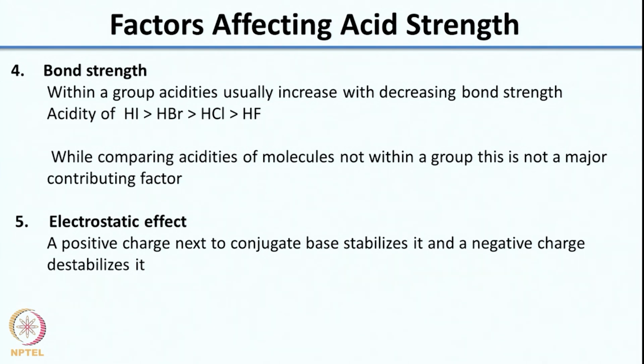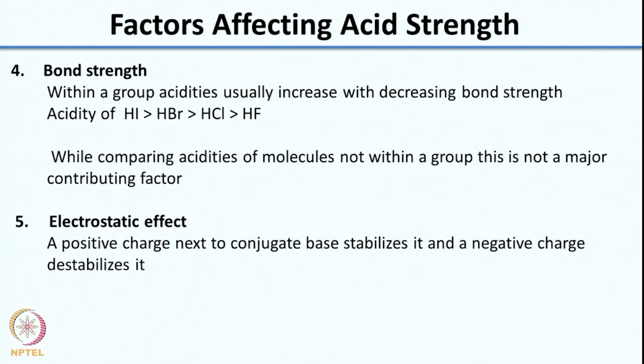The other thing is, when you think of bond strength, you are typically thinking of a homolytic bond cleavage, whereas in this case what you have is a heterolytic bond cleavage. So it does give you some idea about predicting acidities within a group, but as I said, you cannot compare it across different acids which have atoms across different groups.